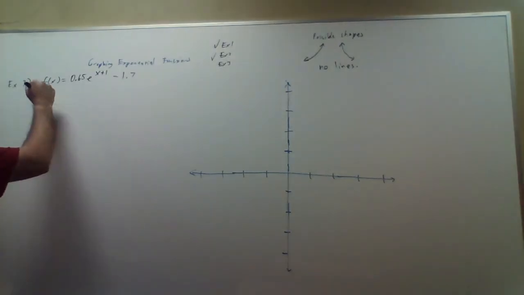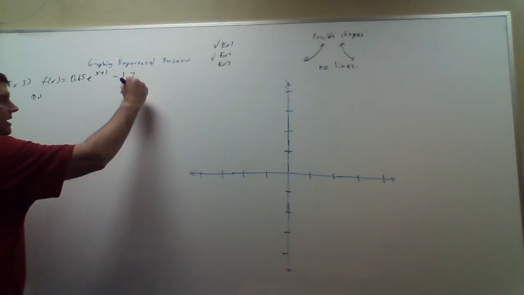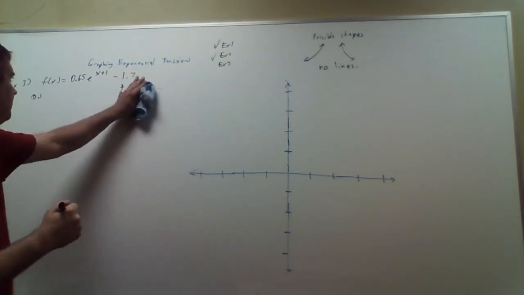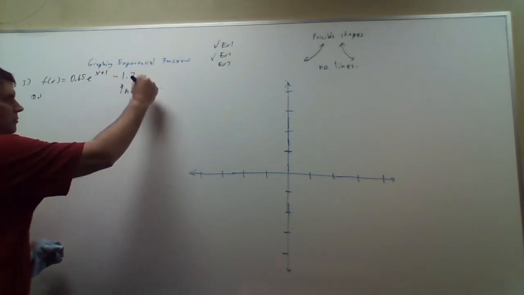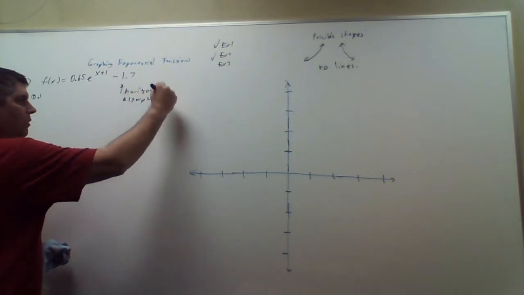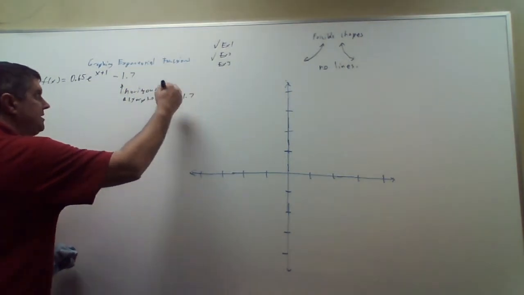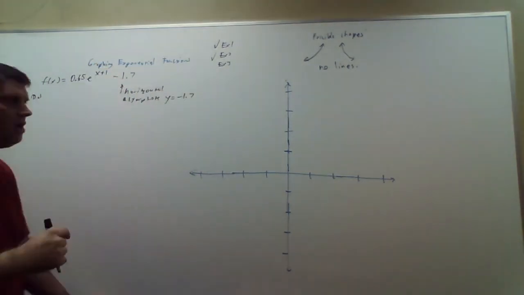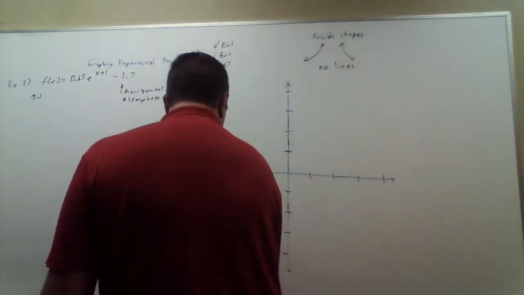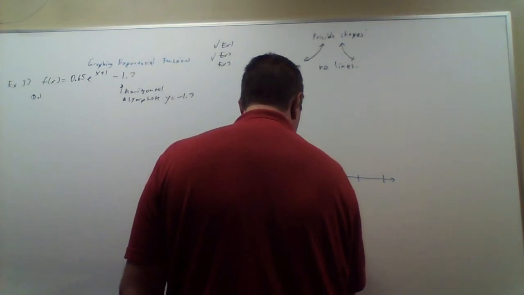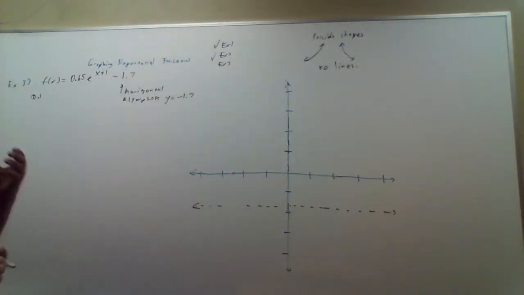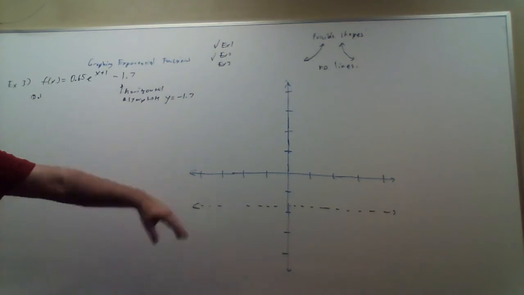First of all, there will be a horizontal asymptote at y equals -1.7. See why? So it's going to be -1.7, about right here. You can label it or not, it doesn't matter.